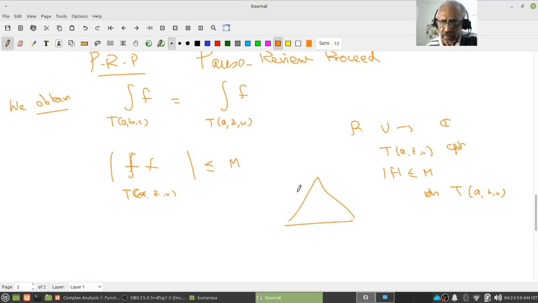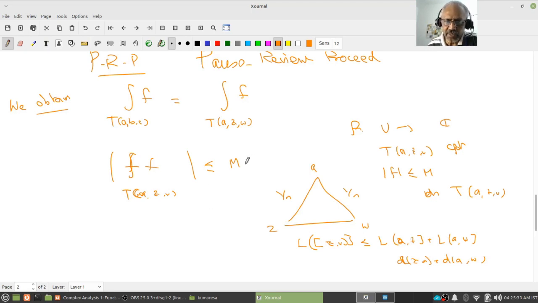This is A, this is Z, this is W. We saw this length is 1 by n. What is this length? 1 by n. What is this length? I may not know, but I have an estimate. The length of ZW is less than or equal to the distance ZA plus the distance AW. That is 1 by n plus 1 by n. Therefore, the perimeter is less than or equal to 4 by n.